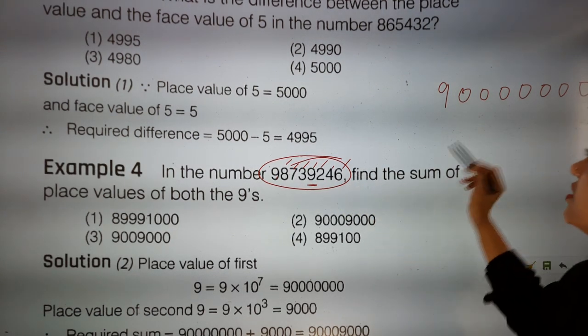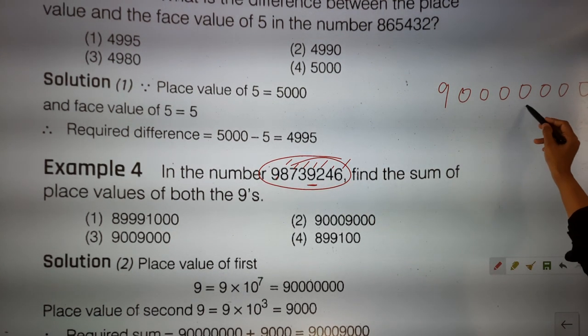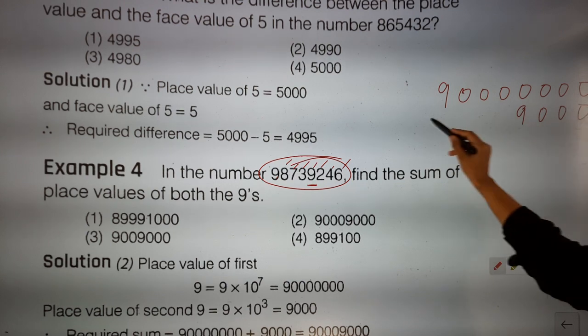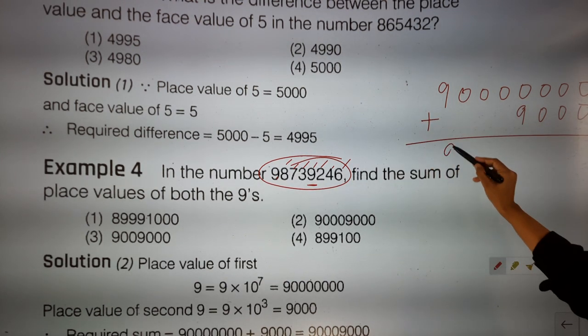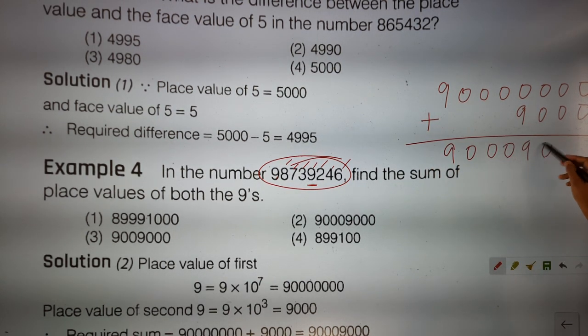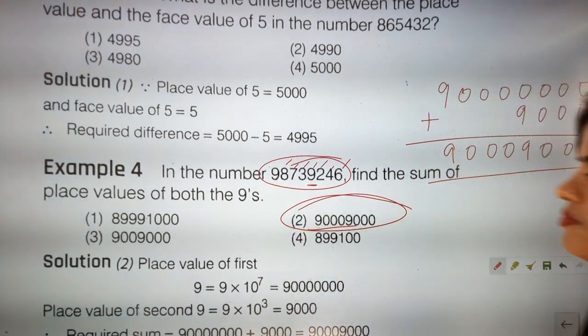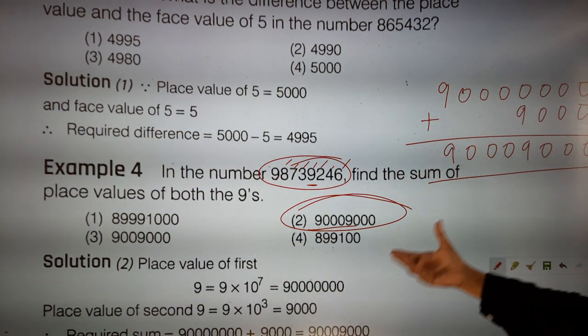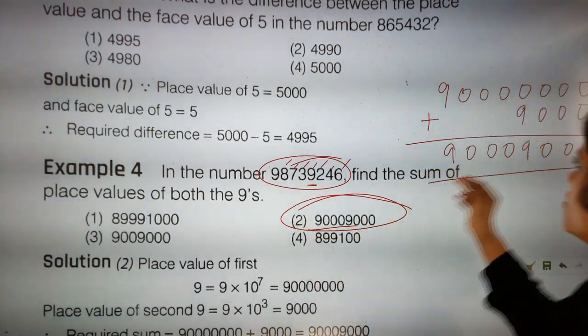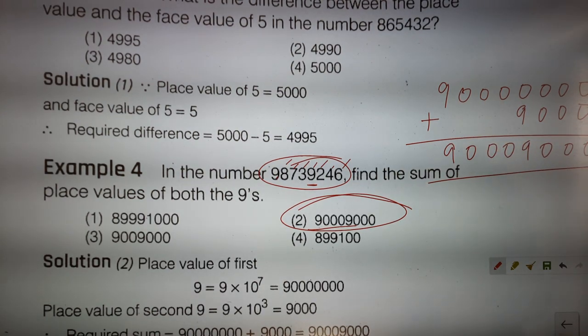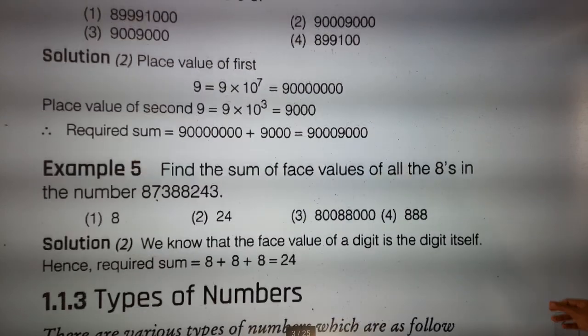After this other 9, how many zeros? 3 zeros. So they are asking for the sum of these two. It will become 9000, 9000. So this is the answer, option 2. We do not need so many steps. Directly you can write 9 with these many zeros and 9 with these many zeros and add them. So the answer will come in one line.